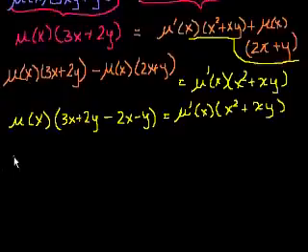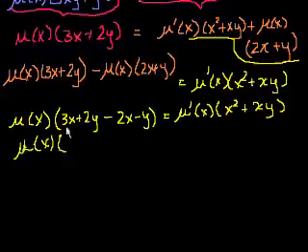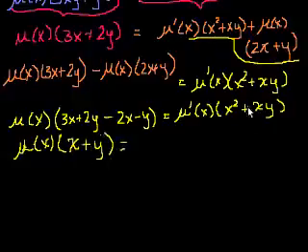Now we could simplify this, so we get mu of x times, what is this? 3x minus 2x is x, 2y minus y, so x plus y, is equal to, and I'm just going to simplify this side a little bit, mu prime of x.